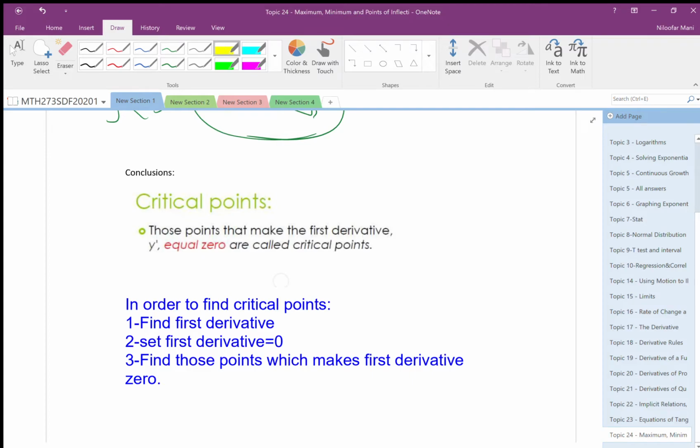Critical points are those points where the first derivative is 0. But I can say the definition is not complete; something is missing. Critical points are those points where the first derivative is 0 or the first derivative doesn't exist.